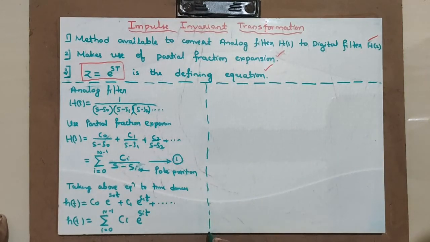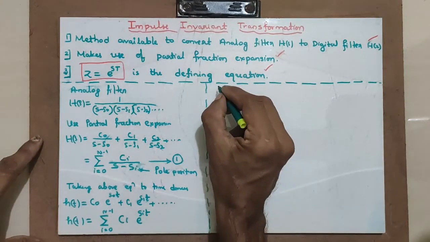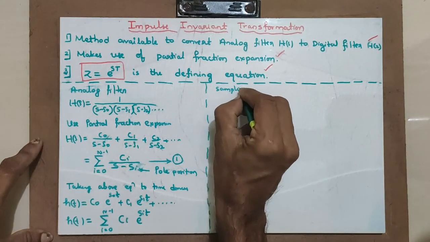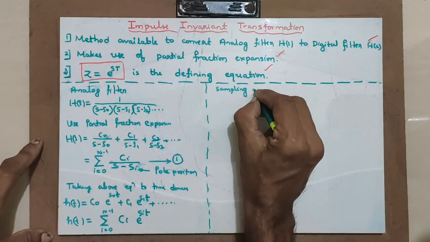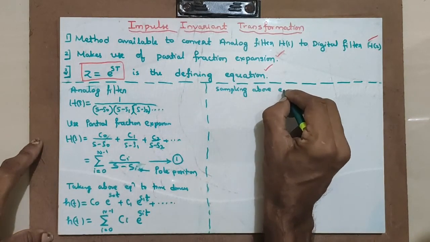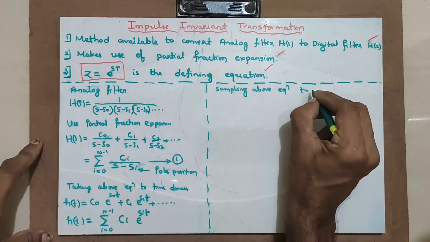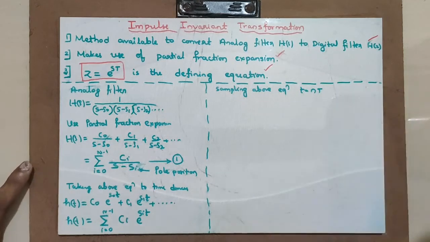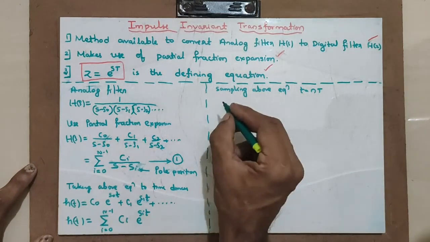Now H of t is this. This is the time domain equation. I will sample the above equation. This is important. Sampling the above equation means wherever t is there, I will put nT. When you are sampling the H of t equation, it becomes h of n. That's all.